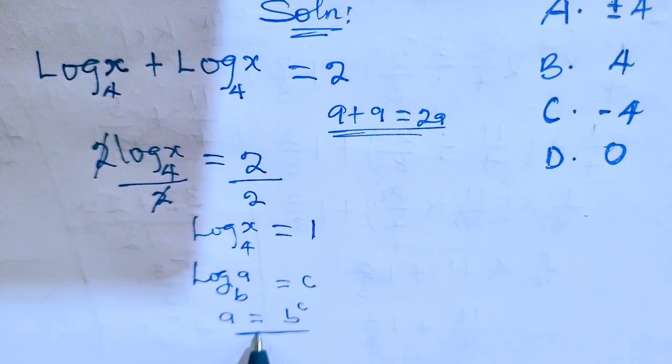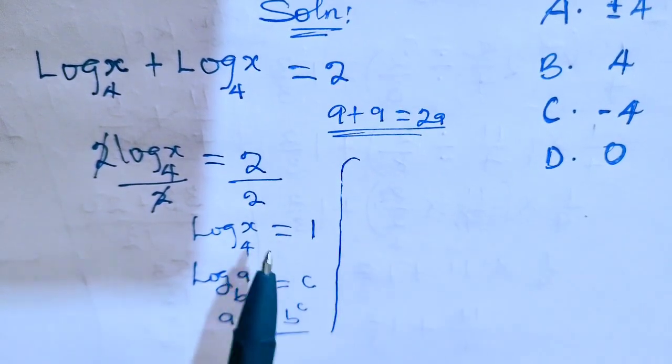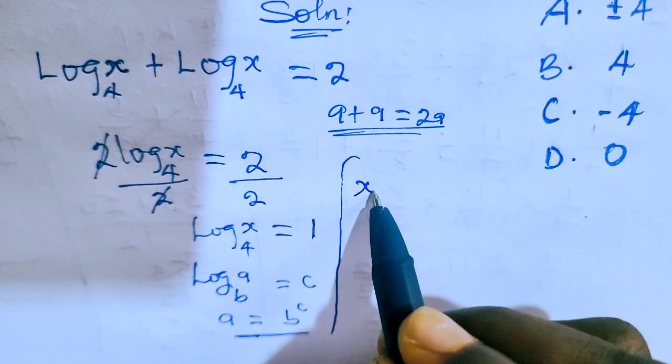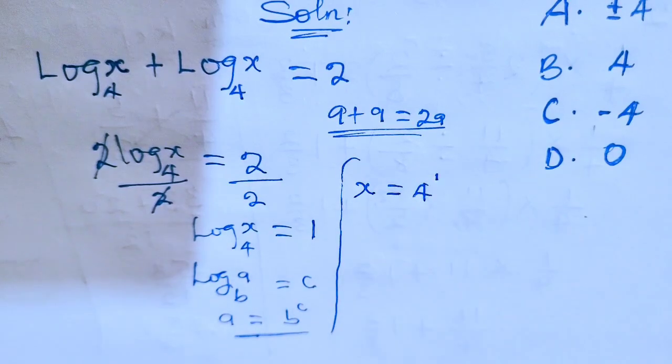That means we have transformed this equation from logarithmic to an exponential. Then at this point, we apply this same principle right here. We are going to have here that x equals 4 to the power of 1.